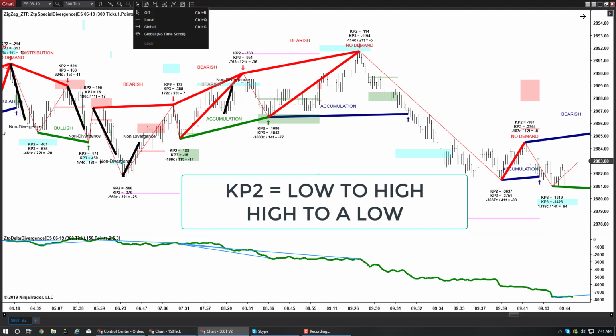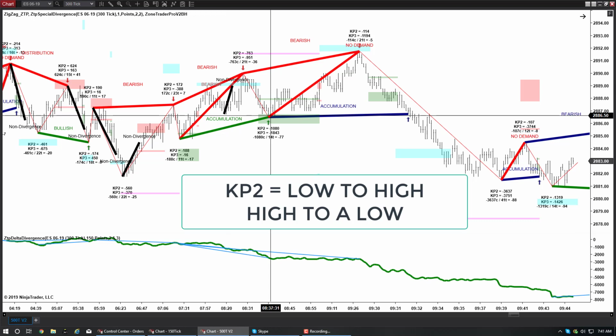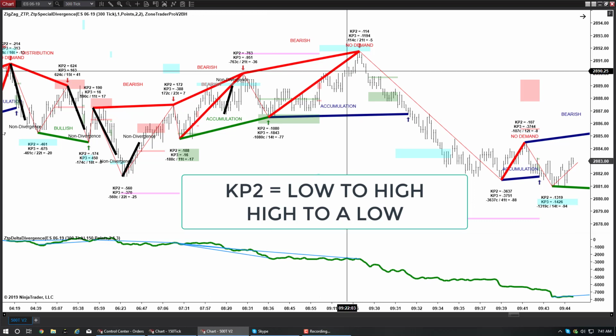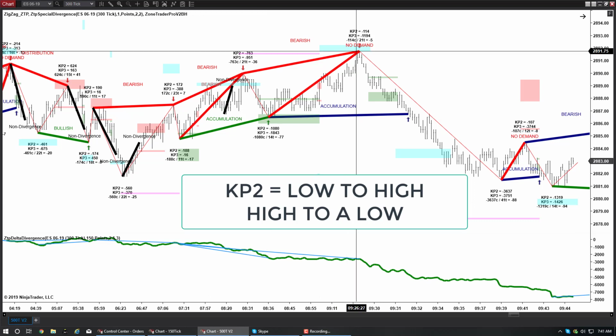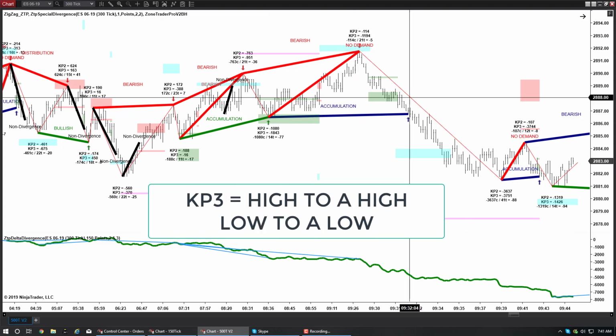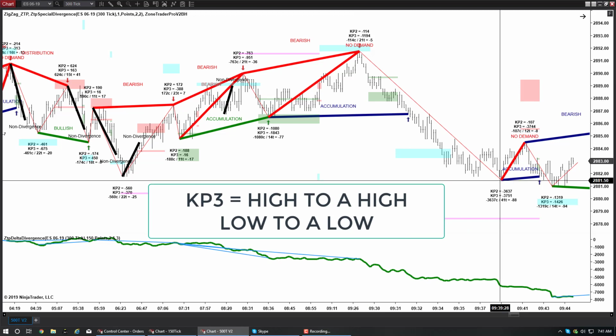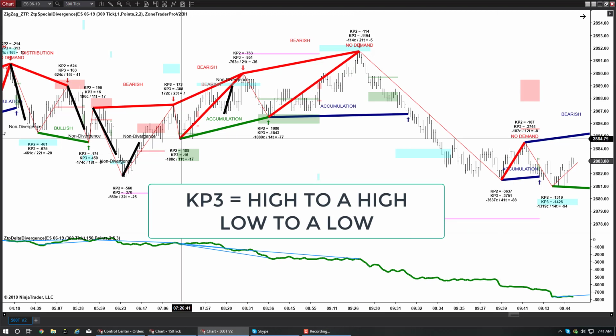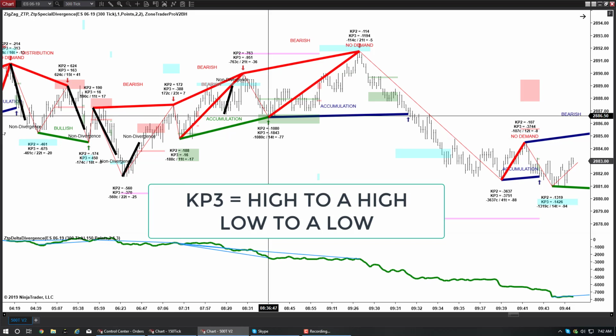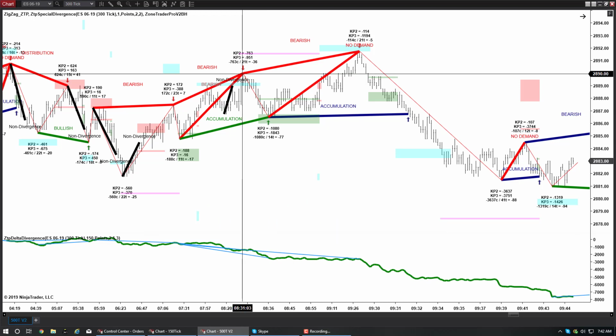The KP2 number is the number that we get from a low to a high or a high to a low. The KP3 number is the number we get from a low to a low or a high to a high.